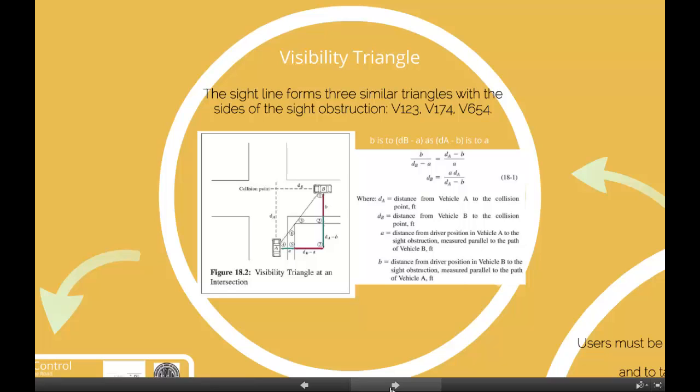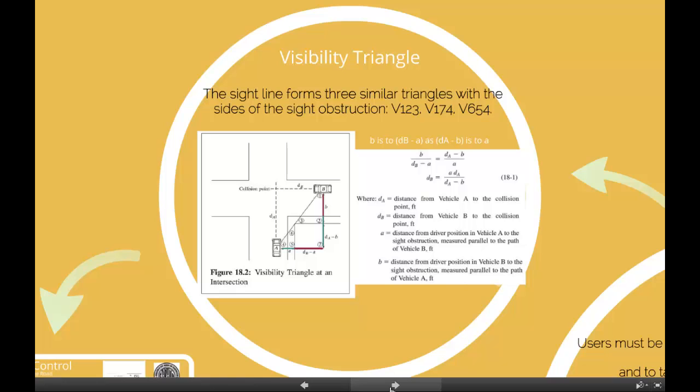It would be a shame if dB were less than the distance needed for vehicle B to perceive the hazard, react, and decelerate to a stop. The properties of the visibility triangle have application for level 1 control and beyond.